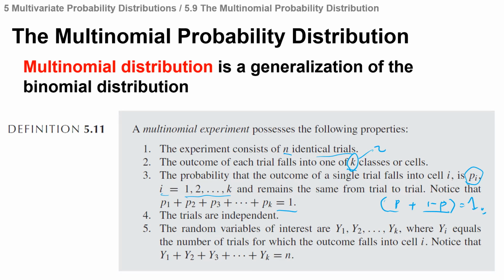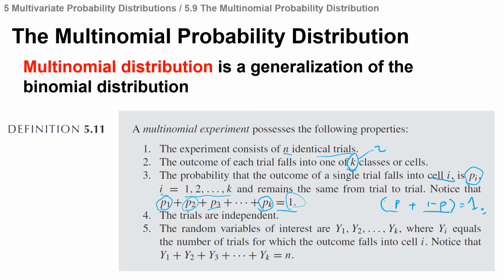In the multinomial case, we have p_1 for cell 1, p_2 for cell 2, p_3 for cell 3, and p_k for cell k, and if we sum up all the probabilities for the cells, it is equal to 1.